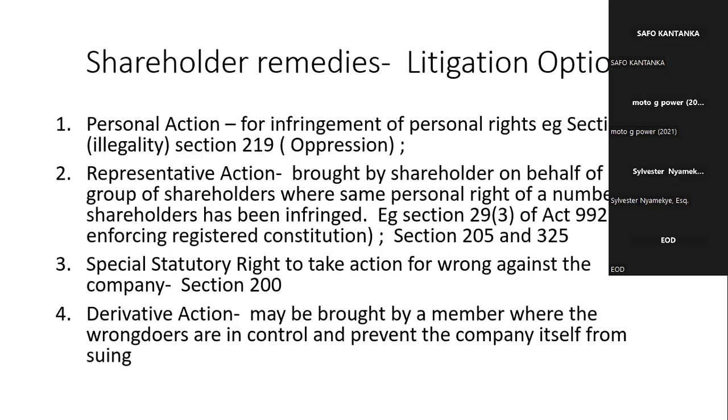So therefore, if we take section 218, for example, it says, and I quote, the court, on the application of a member, may by injunction restrain the company, A, from doing an act or entering into a transaction which is illegal or beyond the power or capacity of the company, or which infringes a provision of the constitution of the company, or B, from acting on a resolution not properly passed in accordance with this act or constitution of the company, and may declare that act, transaction, or resolution already done, entered into, or passed to be void.